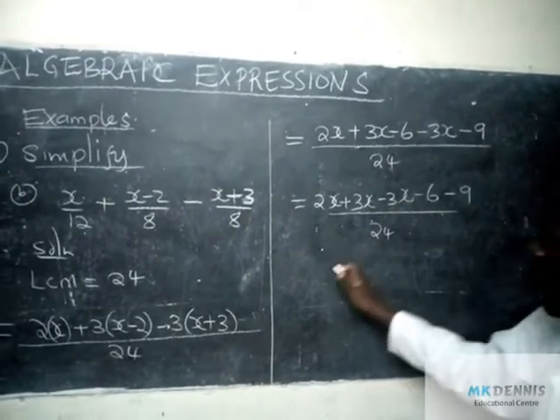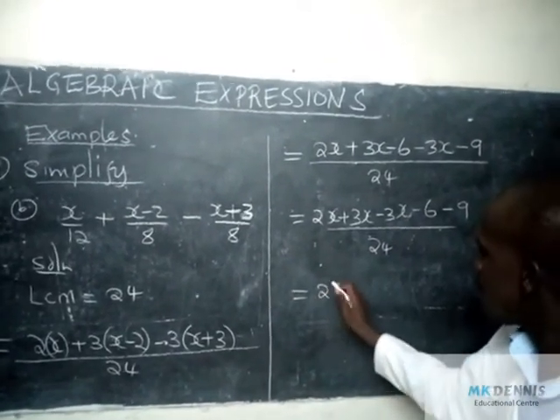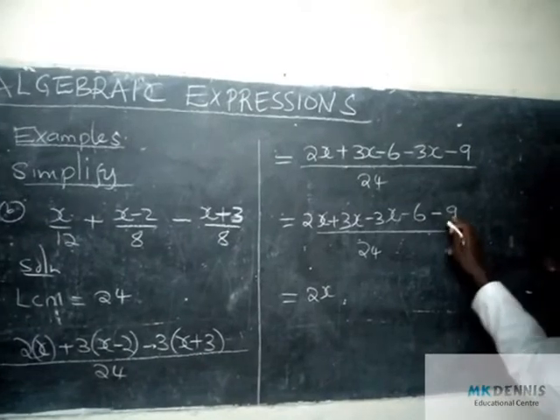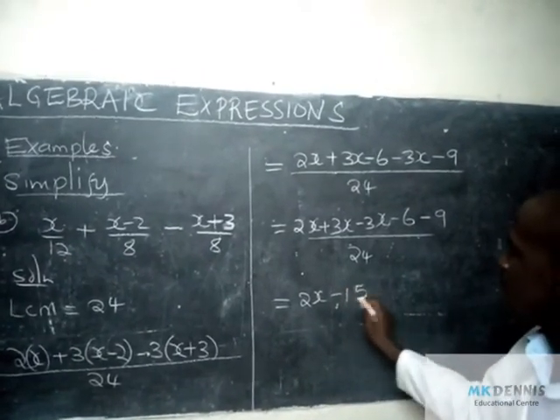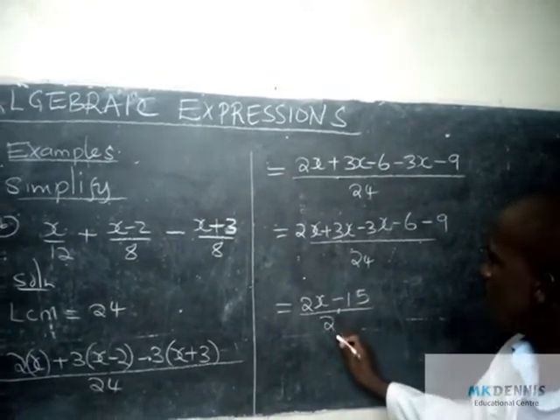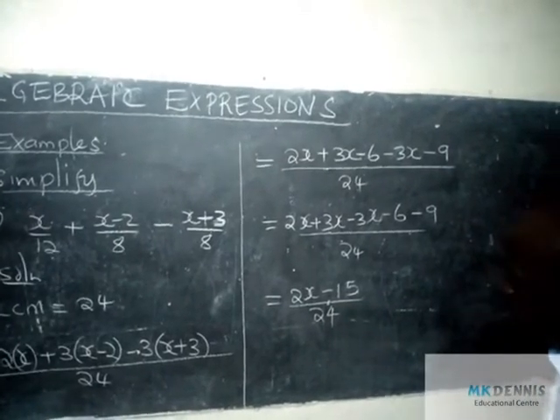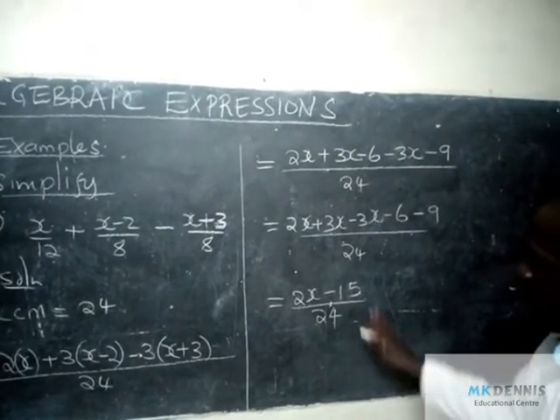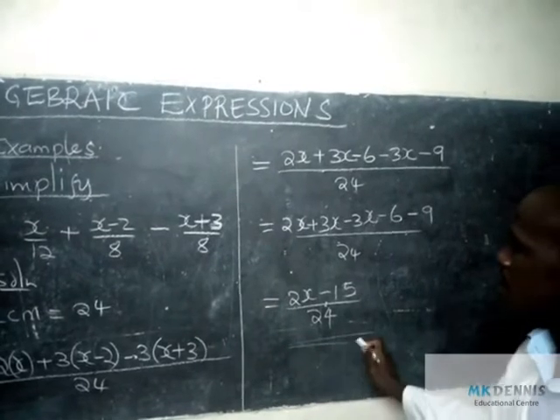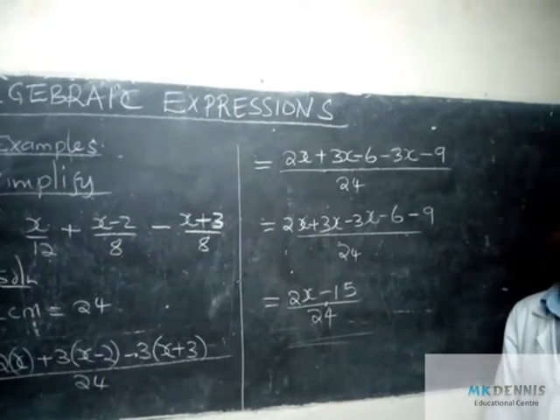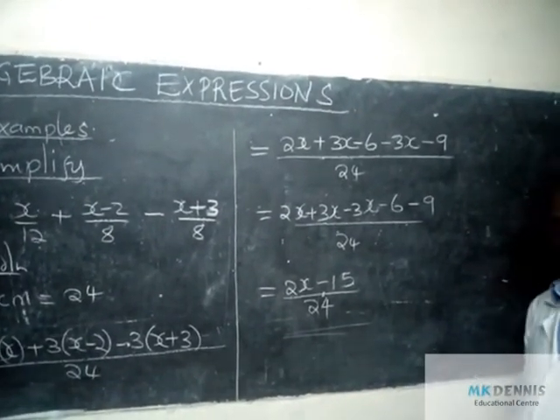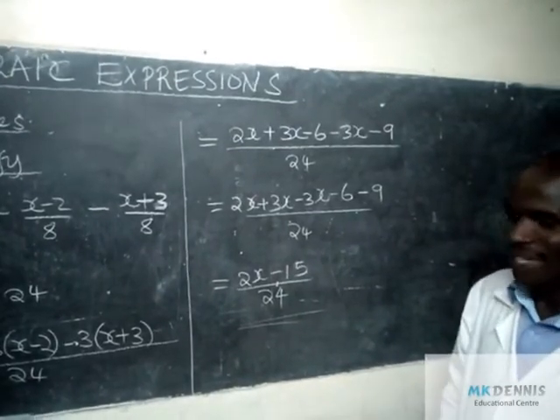You shall have 2x, then minus 6 minus 9 gives minus 15, over 24. I think that is the farthest we can go, so that becomes our answer. Thank you for your time.